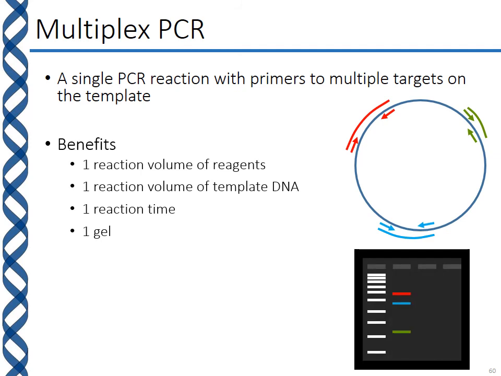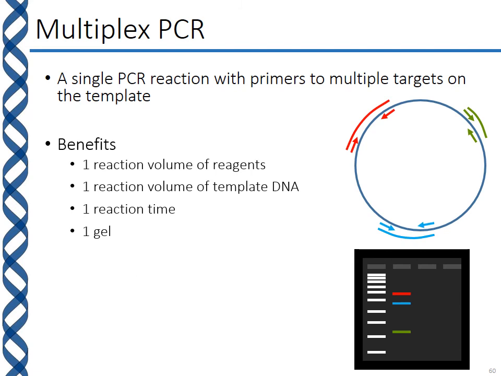So for example, because these would all be coming out of the same tube, you can load the PCR products into the well of your gel, and when you run them, you'll end up with all three products in the same lane, separated out by their different sizes.